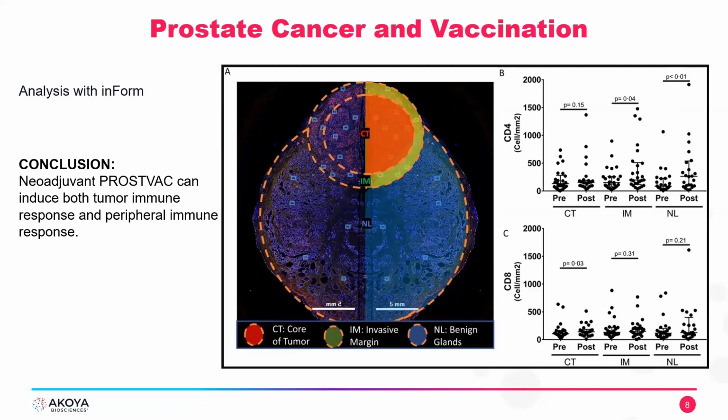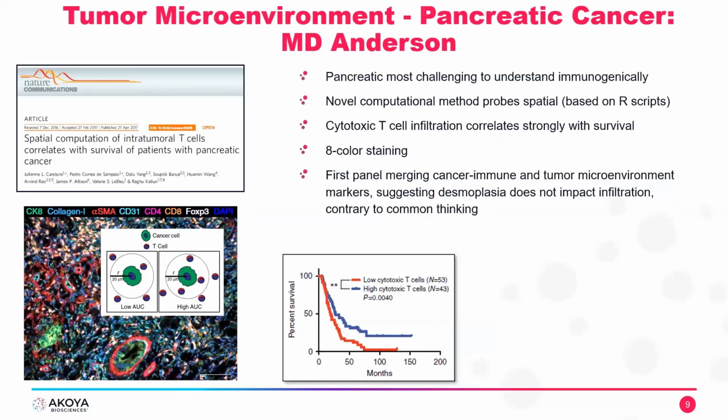And this was not an immense increase, but it was a 1.5 fold increase of CD4 in the invasive margin and in the gland for CD8. So that shows that you can vaccinate and also push the T cell response for tumors. And that was also shown with our technology here.